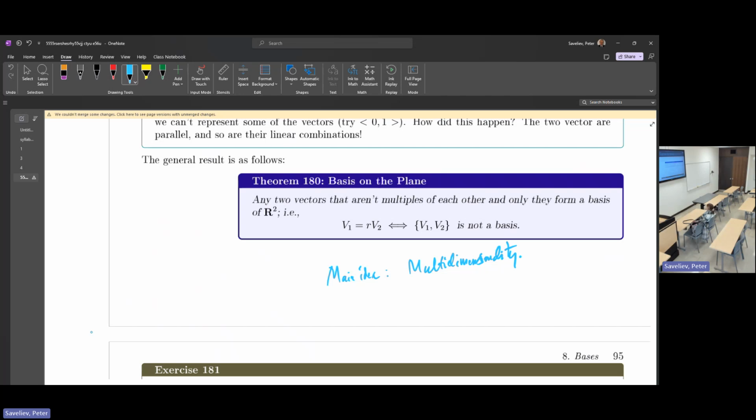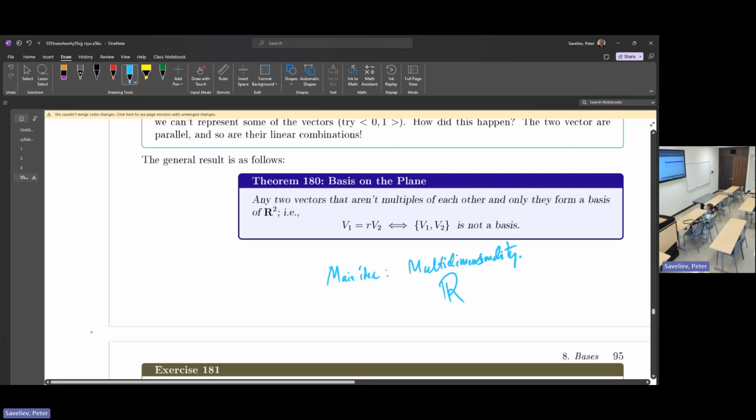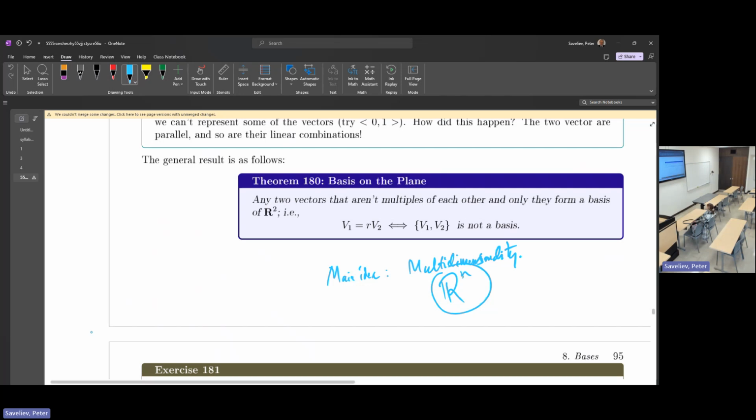So Rn is pretty much the central concept: a set made of strings of n numbers. On top of that, we added distances. It's not just a bag of points; it has a structure. You can do measurements, you can do angles, and once you look at vectors, you do algebra of vectors.